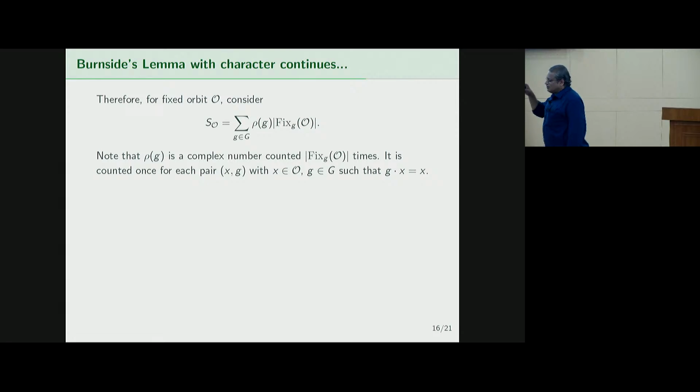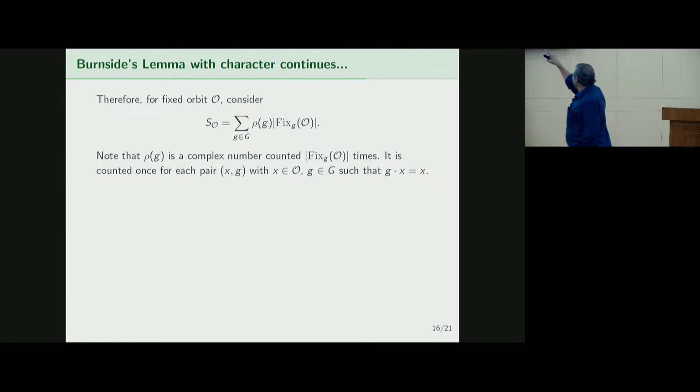Given a g, the fixed set of g is the set of all x inside O such that g dot x is x. It is the number of fixed points inside the orbit. So it is counted once for each pair x comma g.